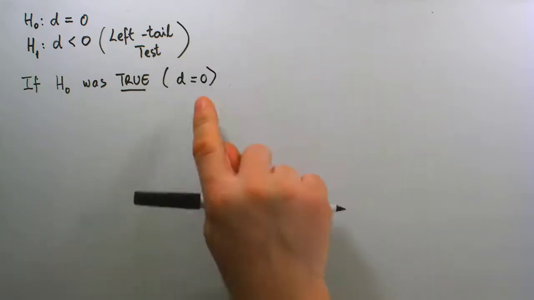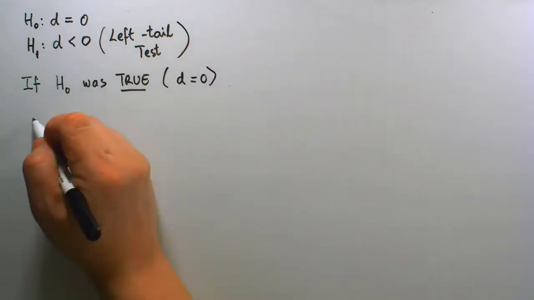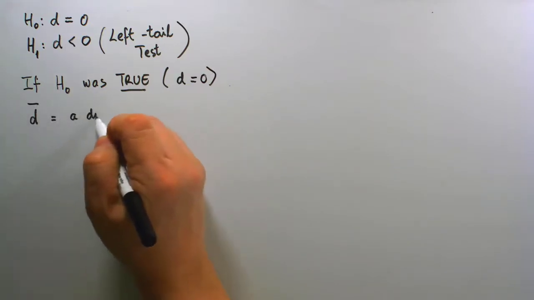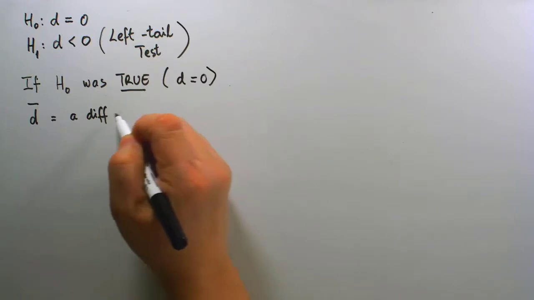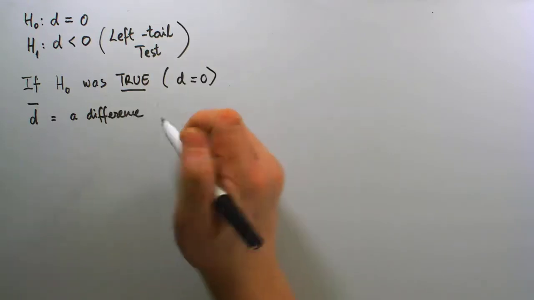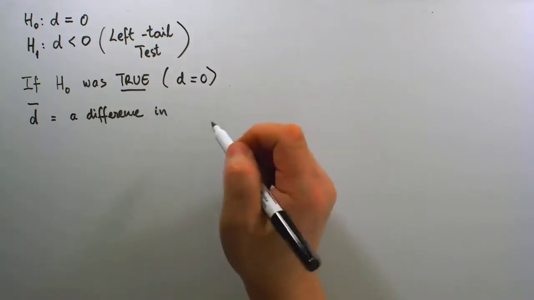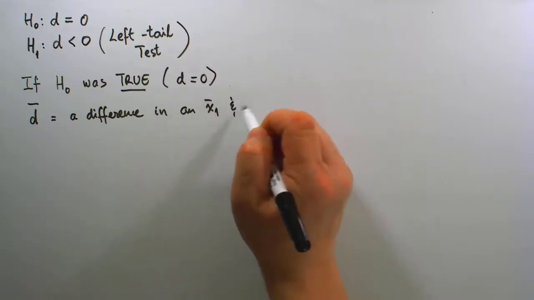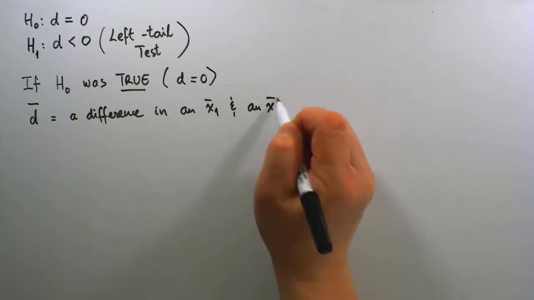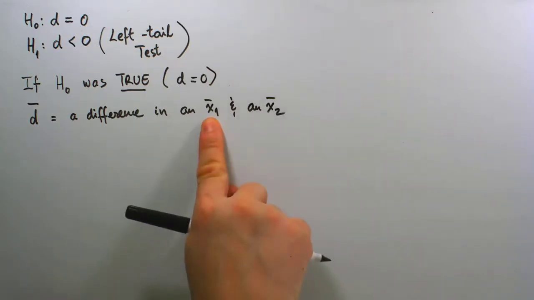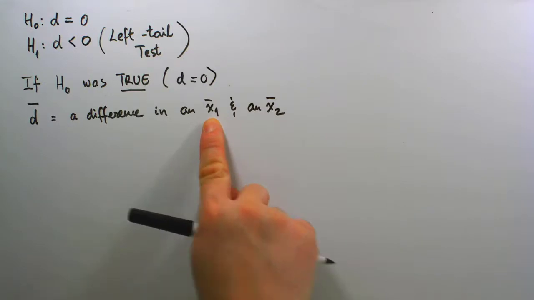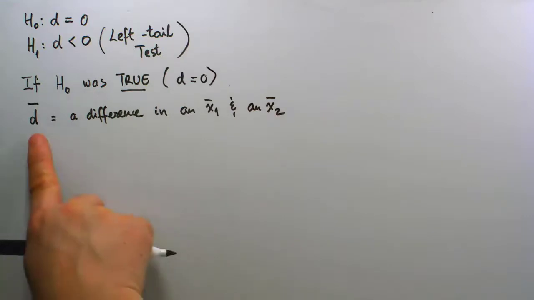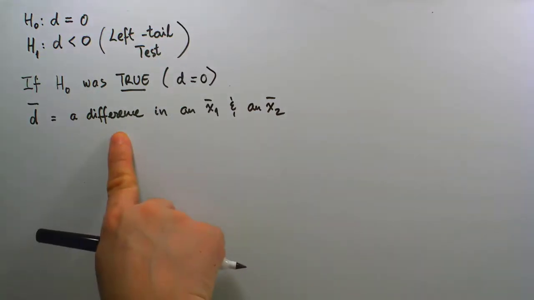If that statement was true, and further that d bar here is a difference of an x bar 1 and an x bar 2, any x bar from population 1 and any x bar from population 2.